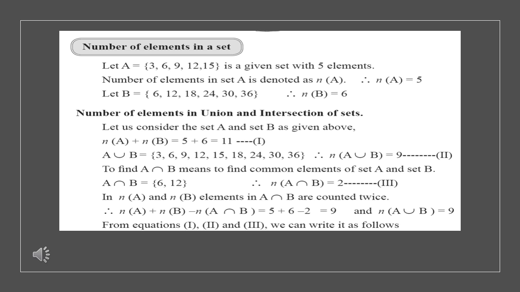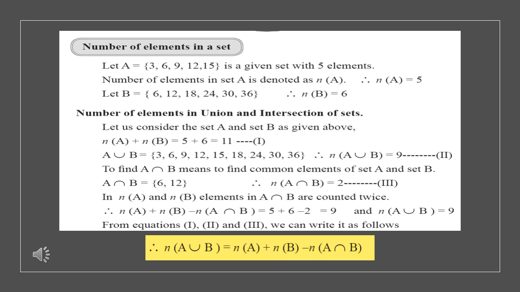So basically, when you're writing number of elements of a given set, you count the elements in the set, then you write small n, in bracket you write the name of the set and equal to the count. Same we are doing with set B. Count the number of elements. Yes. So here number of elements of B is equal to 6.